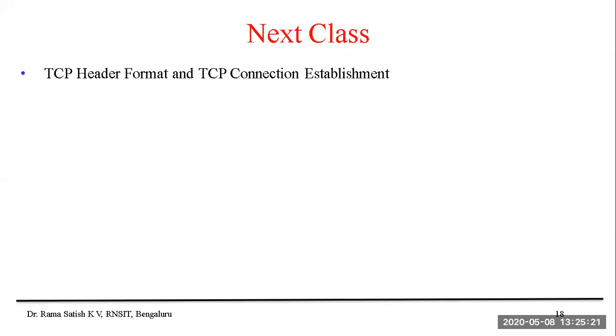And finally we discussed TCP. TCP is connection oriented: first it establishes a connection and later it transmits. We discussed the differences between TCP and UDP. That's all for today's class. We will have TCP header format and TCP connection establishment in the next class. Thank you.